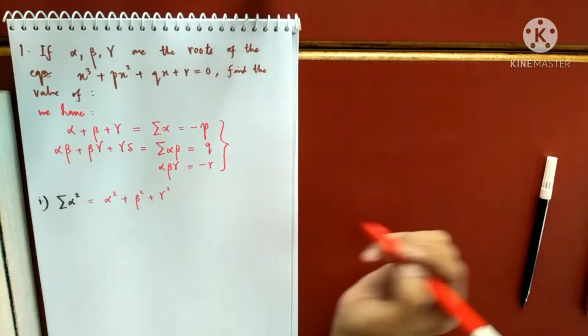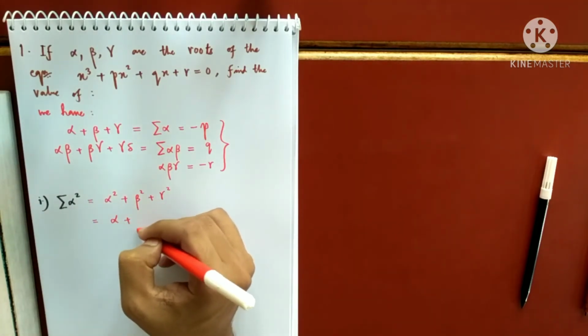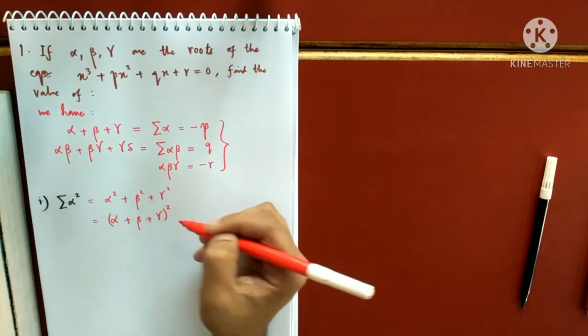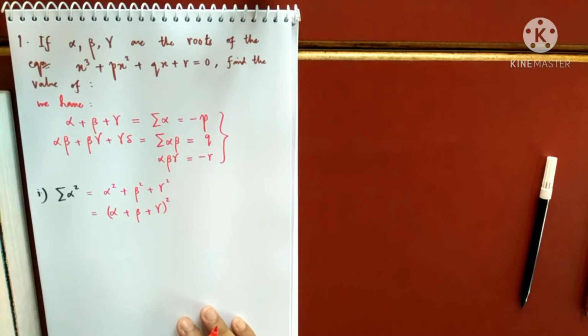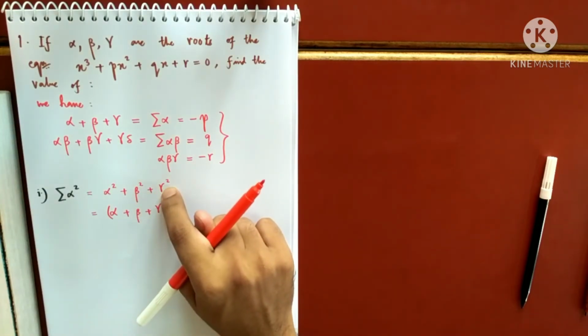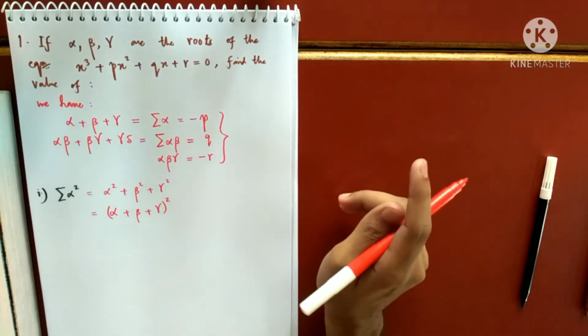Now, how can you find the value of this? What we do, we write like this: alpha plus beta plus gamma whole square. Do you know the formula for a plus b plus c whole square? It is a square plus b square plus c square plus 2ab plus 2bc plus 2ac.